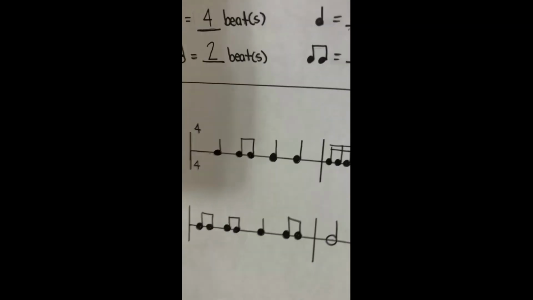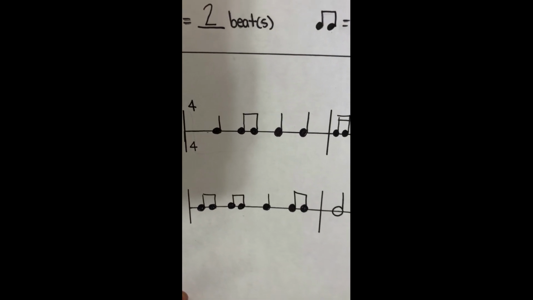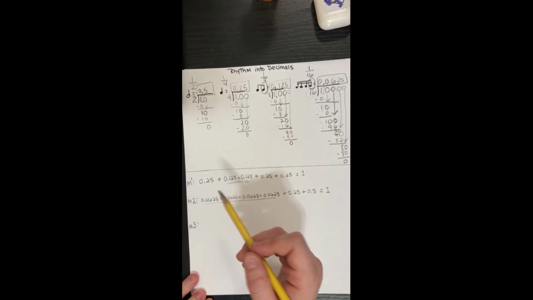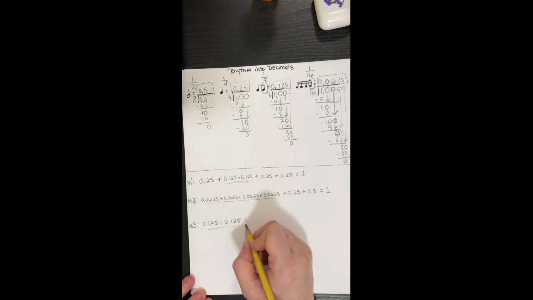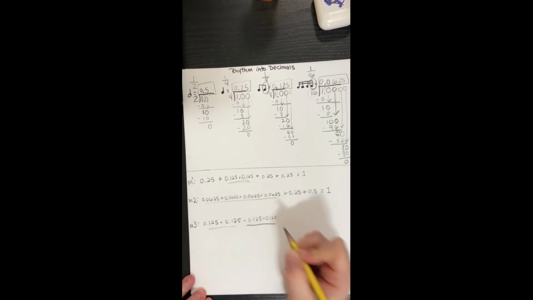Let's look at it. We got 2 eighth note pairs, a quarter, and another eighth note pair. So remember, I've got to add 0.125 2 times to get 2 eighth notes, or an eighth note pair. 0.125 plus 0.125, there's my eighth note pair. Another set of eighth note pairs. 0.125 plus 0.125, okay.